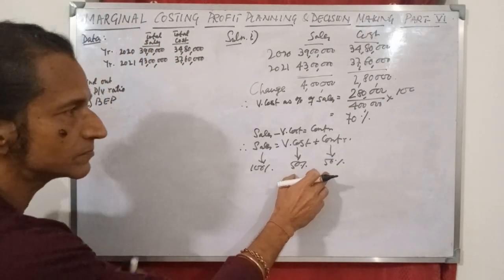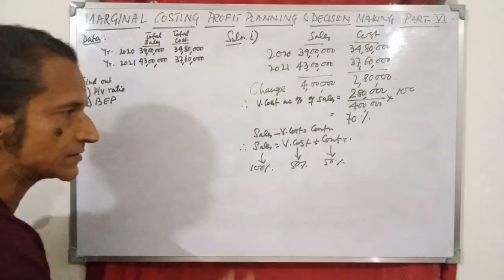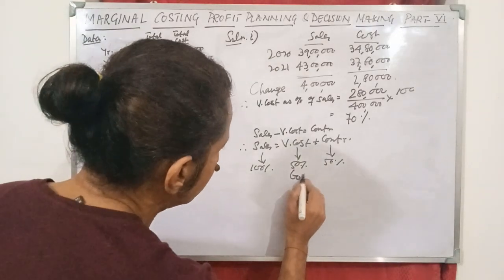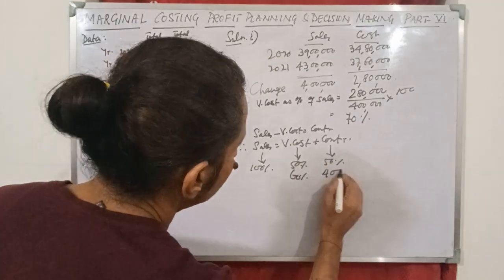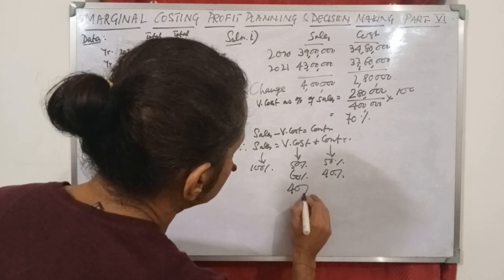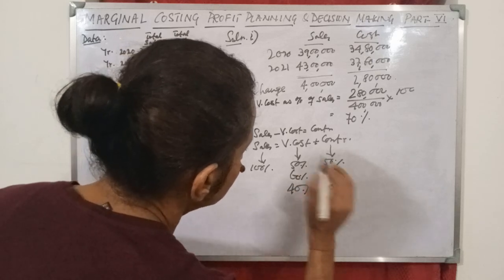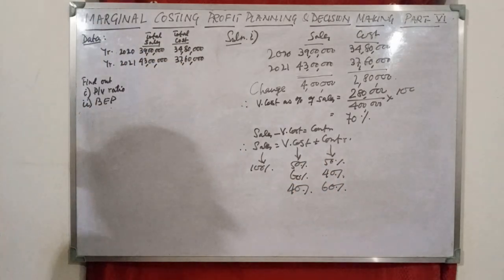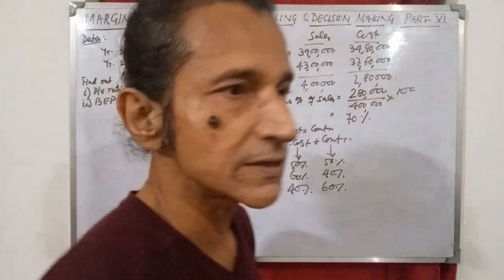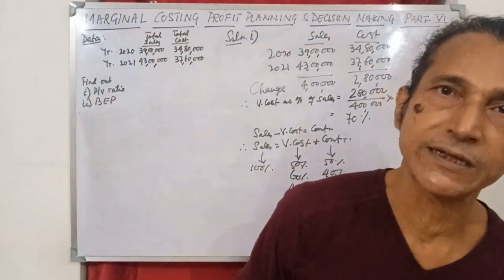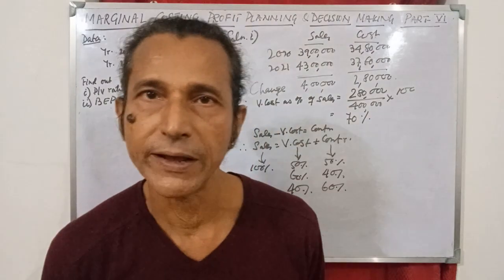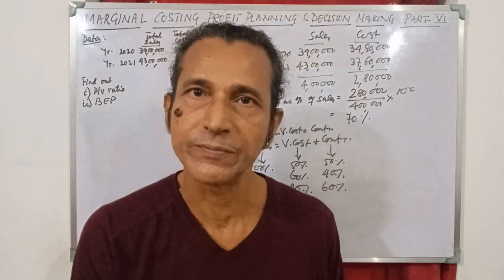Both of them will make the total sales of 100%. So if it is 60%, then this will be 40%. If this is 40%, then this will be 60%, and so on. This means variable cost and contribution are complementary to each other, and they together make the total sales, that is 100%.